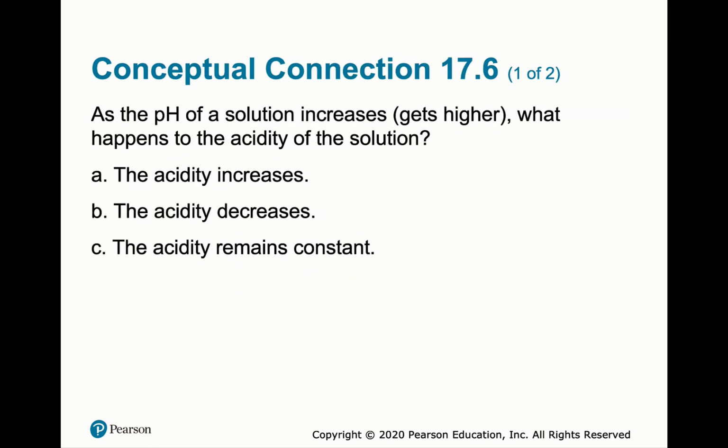As the pH of a solution increases, what happens to the acidity of the solution? It decreases, because a higher pH means fewer hydronium ions and more hydroxide.